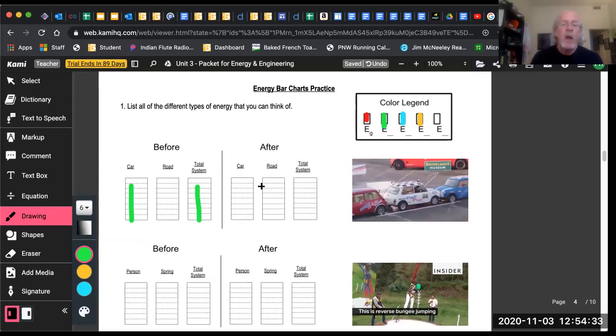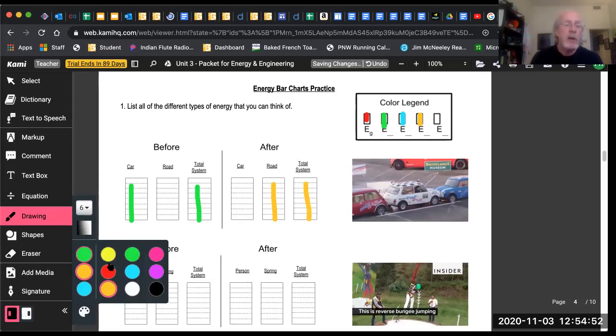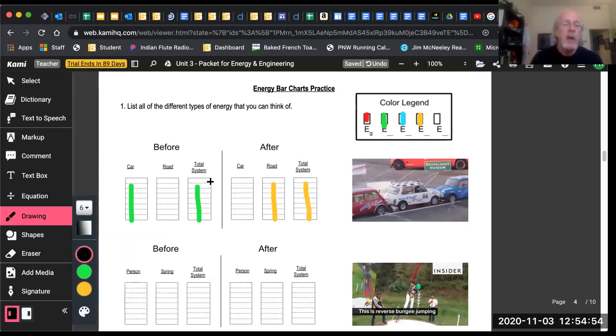Afterwards, after the car has skidded into this parking spot, kinetic is now down to 0. The road has picked up a huge amount of thermal energy. If I look at the total for the system, we're still the same. It's just that there's been a transformation from one type of energy to another.